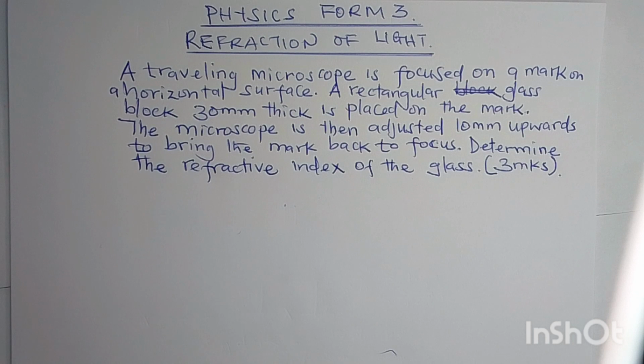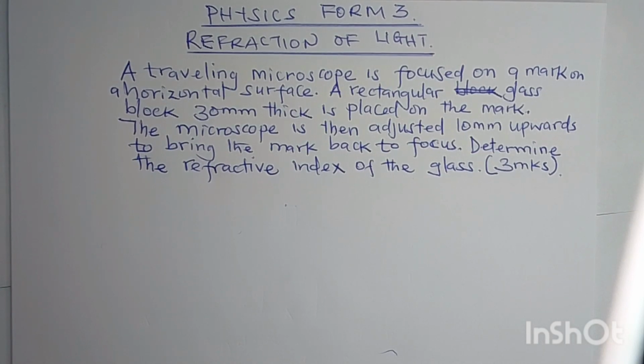A rectangular glass block 30 millimeters thick is placed on the mark. The microscope is then adjusted 10 millimeters upwards to bring the mark back to focus. Determine the refractive index of the glass.